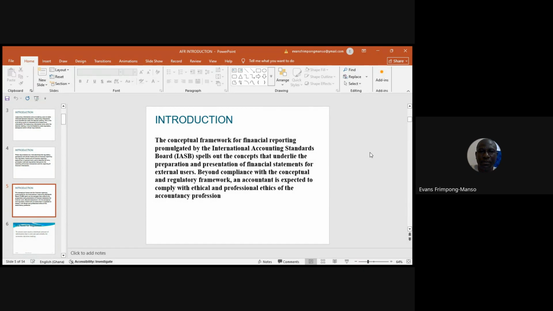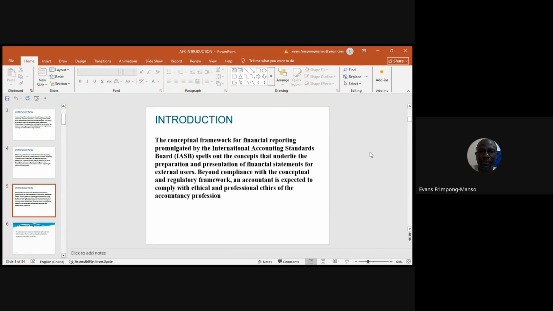What about the conceptual framework? I'll come back to the regulatory. I just want to give you the platform for understanding the three concepts that I alluded to earlier: the regulatory, conceptual, and the ethical. I've dealt with the regulatory framework.